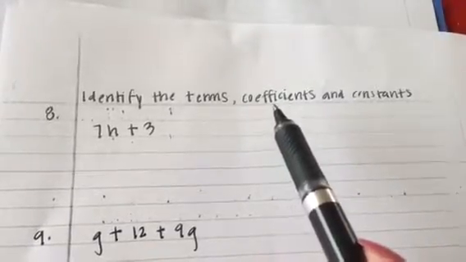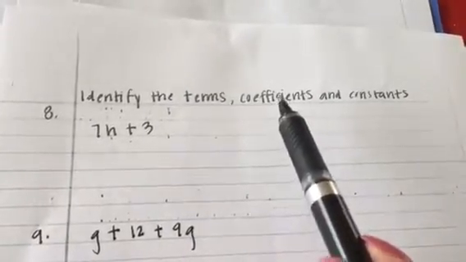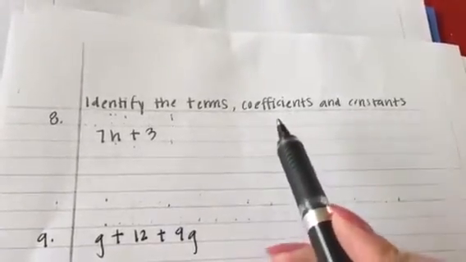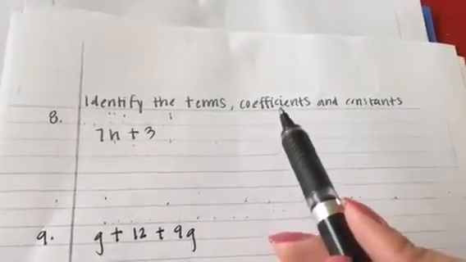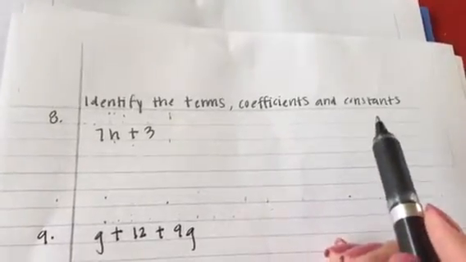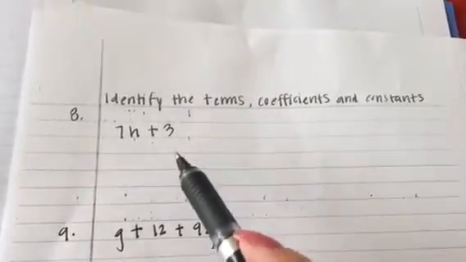Coefficients are the numbers that are in front of the variables. It needs to have a variable in order for it to be a coefficient. And constants are just numbers that don't have variables. So you'll get a hang of it once we continue.